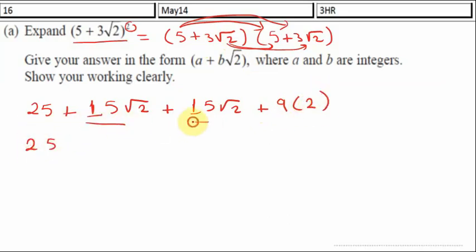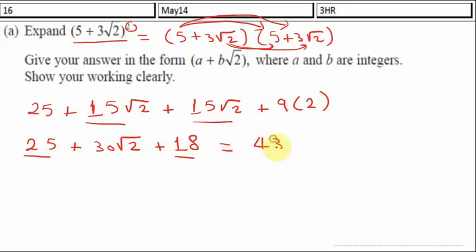The second and the third term are like terms. So plus 15 is 30 root of 2, plus 9 times 2 is 18. Do we have more like terms? Yes, we have the first one and the last one. 25 plus 18 equals 43 plus 30 root of 2, and this is the same required form.